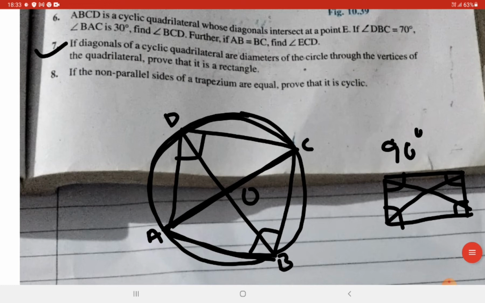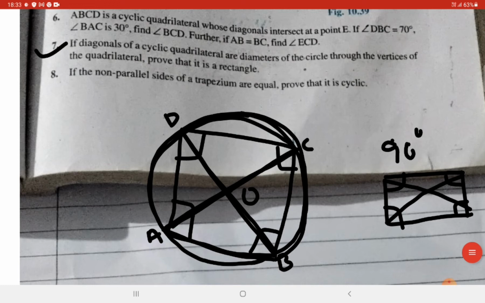Now consider the diameter BD. DCB is the semicircle and angle C is the angle in a semicircle, then it is 90 degrees. Similarly, angle A is also 90 degrees. So in quadrilateral ABCD, all the angles are 90 degrees.